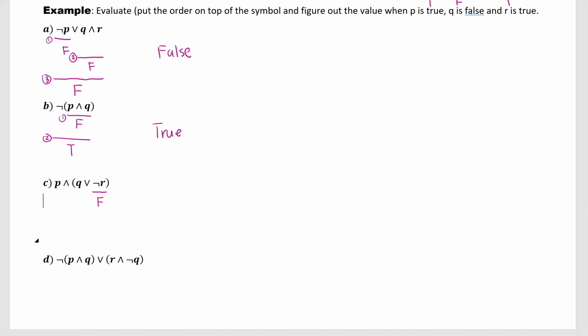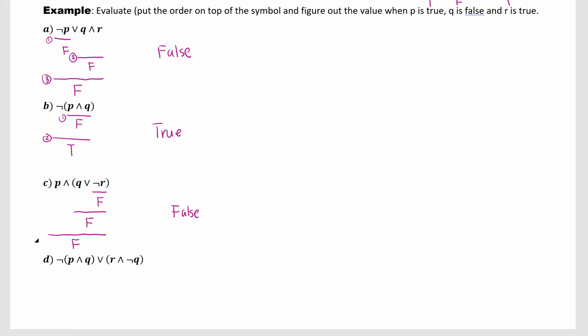This is the first step. Next, we want to have Q or not R. Q is false. False or false is false. And then finally, P is true. True and false is false. Okay, so the answer is false. So far, so good, everybody.